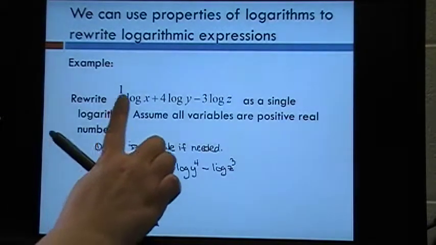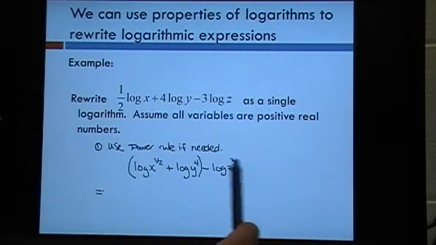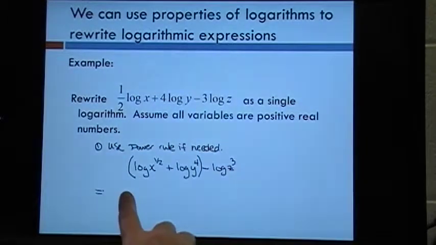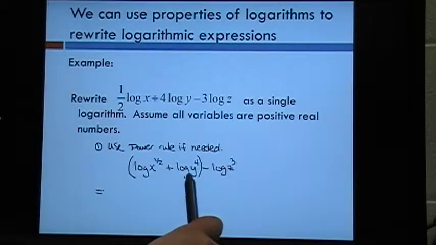And once I've taken care of those coefficients, then I can use the product rule and the quotient rule as necessary. Okay? So here I have an addition, and here I have a subtraction. If you have a series of additions and subtractions, if you think about using the product rule and the quotient rule together, if the term is positive, it's going to be a factor of the numerator.